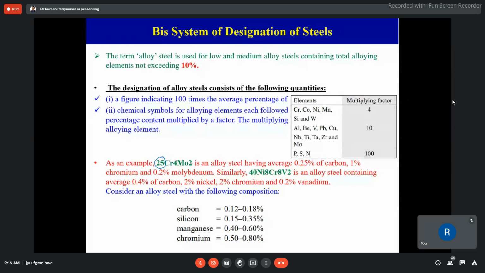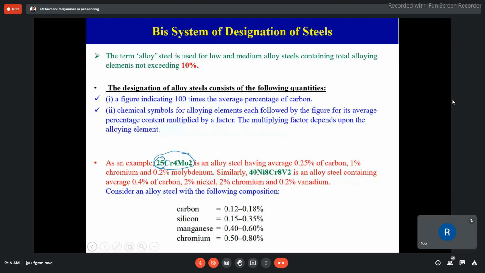Now this is my material designation 25Cr4Mo2. As I followed, first 25 divided by 100 gives 0.25% carbon. The second letters mentioned are Cr, not C, hence we should follow this table.